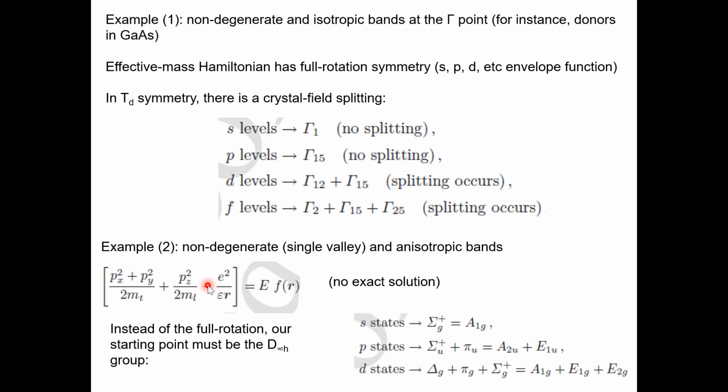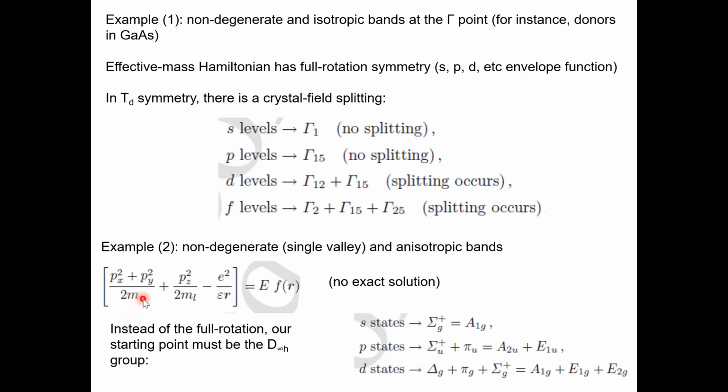But from the group theory point of view, what's important is that instead of the full rotation group, we must start from a lower symmetry group, which is the infinite-order group. This is clear, right? Because there is one direction in space, in this case the z direction, the longitudinal direction, which is different from the other two.